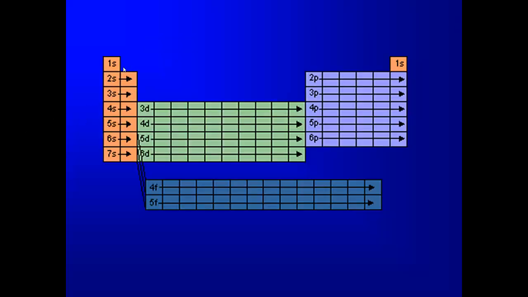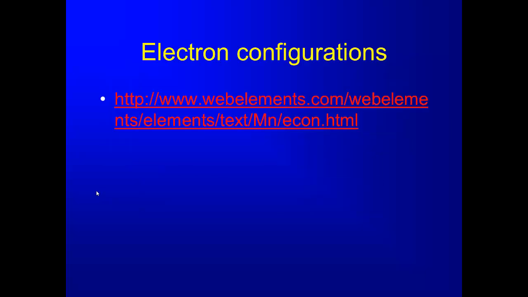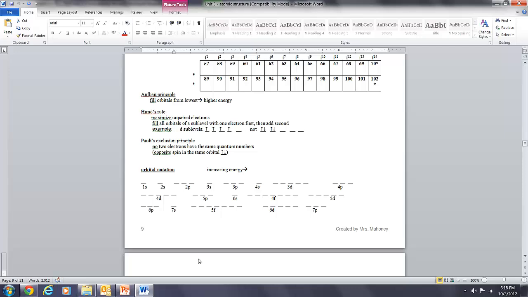Look at the arrows. We're just going to read it left to right, going across, and filling the electrons as we go across. So you need your periodic table in front of you, and we're going to just start putting some electrons in.